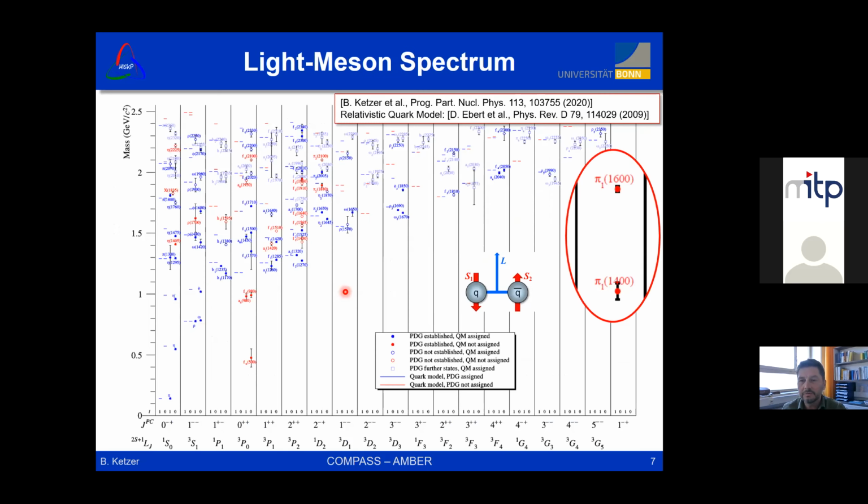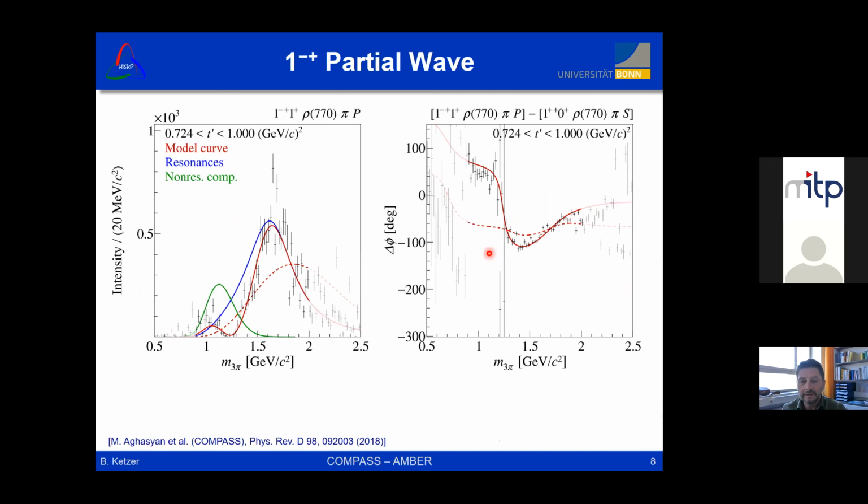And then, of course, the spin-exotic states with 1-+ that were mentioned by Sean already. The PDG actually lists two of them, and this question has also been tackled by COMPASS in the three-charged-pion state, and here I just show one example fit.